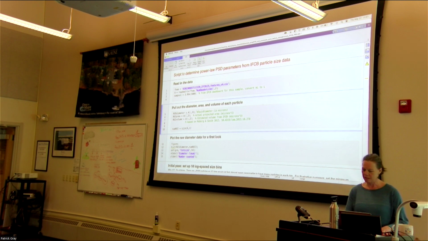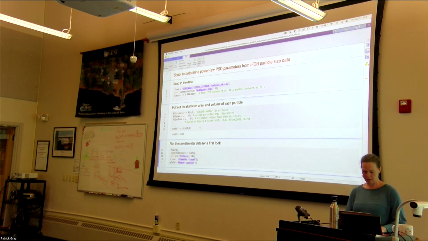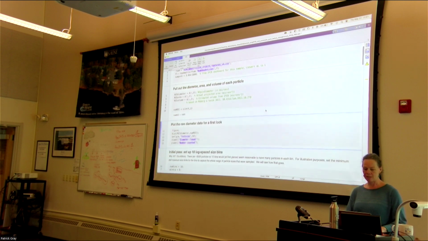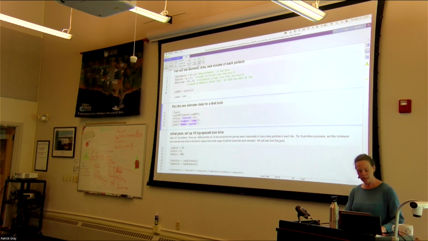This is again data wrangling. I'm going to pull in the size of each of the particles in the data set, its area, and a volume estimate based on an algorithm, citation here, and then the number of particles. So there are 3,393 particles in my data set.